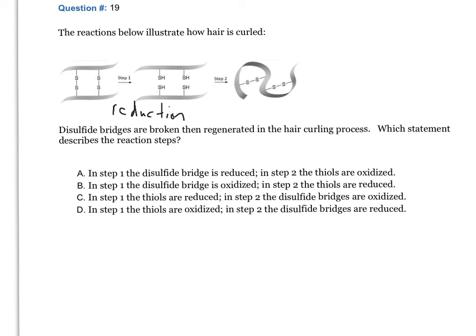Step 2, the sulfurs lose the hydrogens. So step 2 is an oxidation. So looking at that, the answer's A. The bridge is reduced. Step 2, the thiols are oxidized.